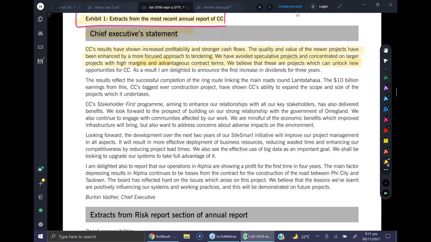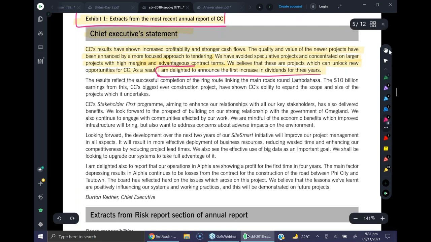As a result, I am delighted to announce the first increase in dividends for 3 years. Can I highlight this? In the last 3 years, this is the first time they have given the dividends.